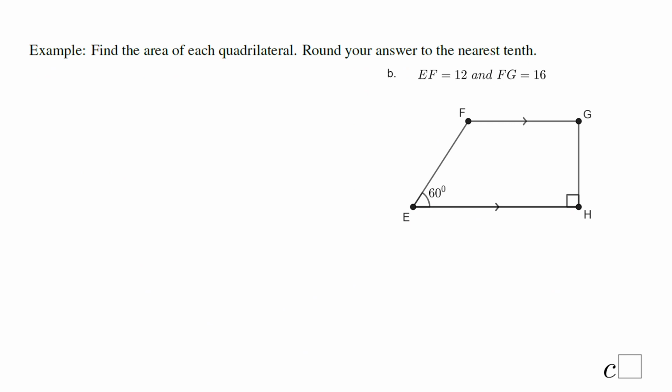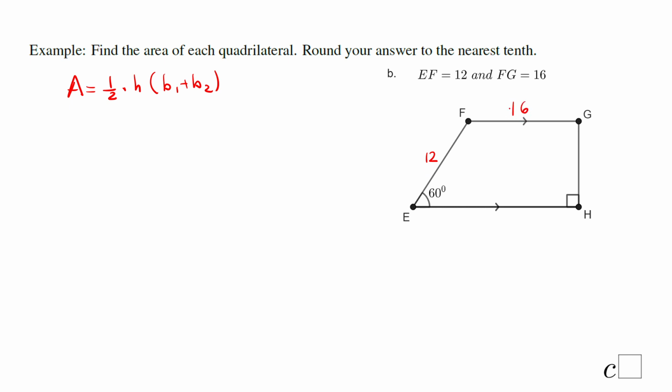Next example, very similar. We have a trapezoid. If you remember, the area of the trapezoid is 1 over 2 times the height, and we have to add the two bases. So let's take a look at this problem. We have EF, this side, 12, we have FG, this is 16.